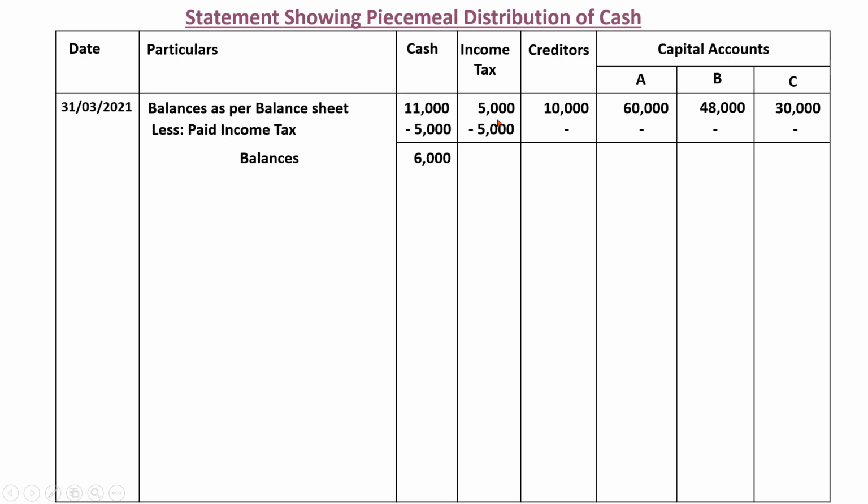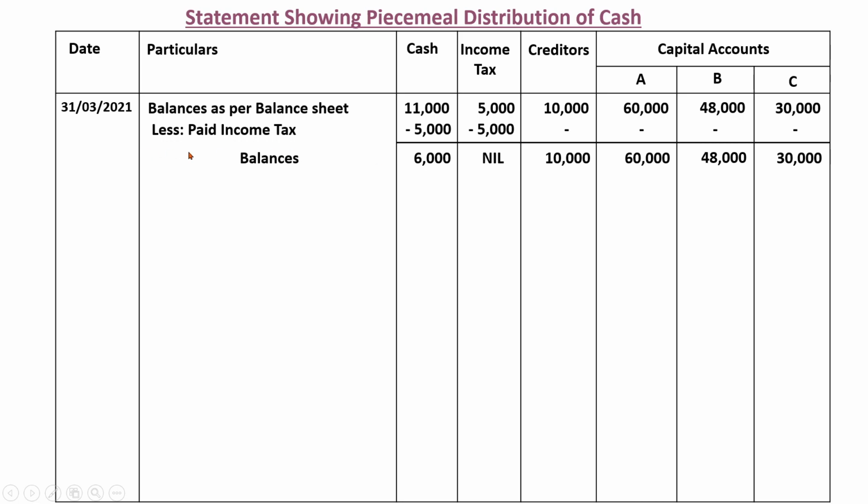And income tax liability is nil now because we paid rupees 5,000 for income tax purpose, right? We have not made any payment to the creditors, so creditors are as it is 10,000. Then partners' capitals are also as it is 60,000, 48,000, and 30,000.